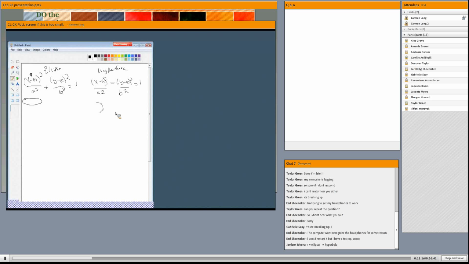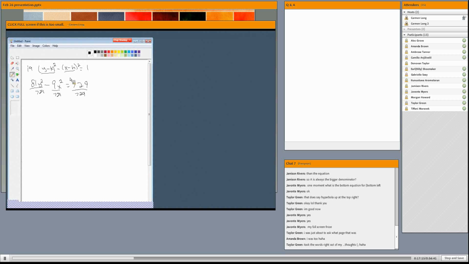If I divide one term by 729, then I have to divide all the terms by 729. So 729, excuse me, 81 times, so this ends up being x squared over 81 and equals 1. Now I'm in the format that I know a lot about it. So what's my center? That's the easiest one to find.